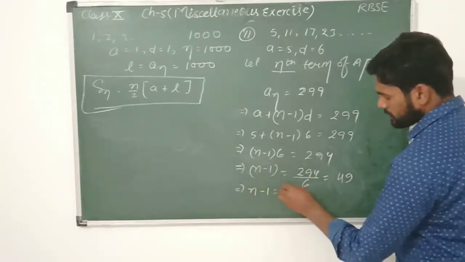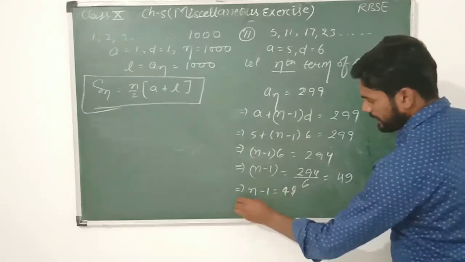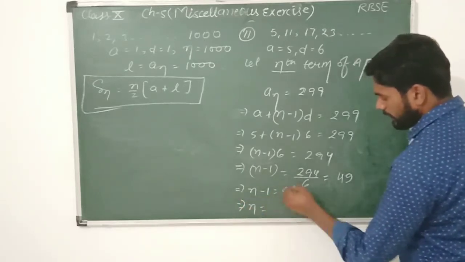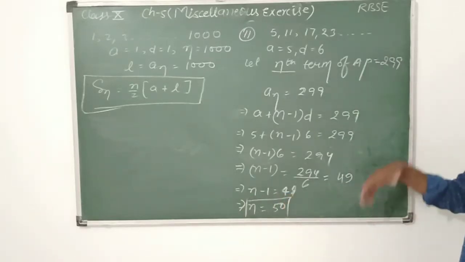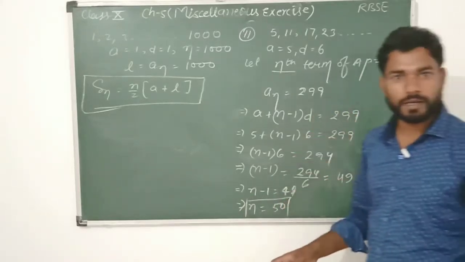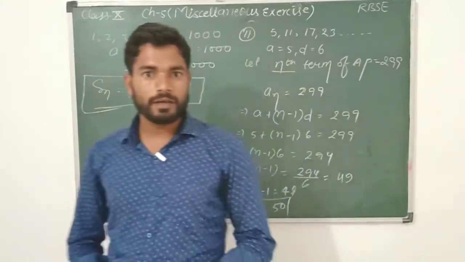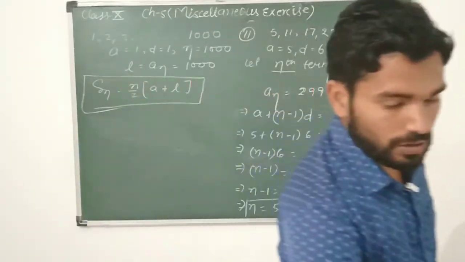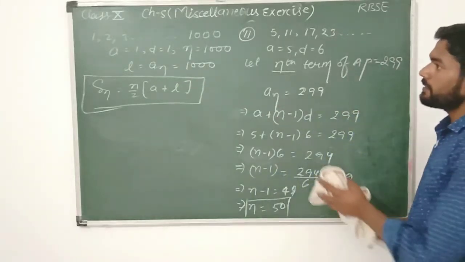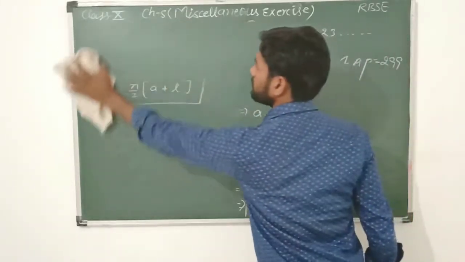So n minus 1 is equals to 49, and finally n is equals to 49 plus 1 is equals to 50. So the 50th term of the given AP will be 299. Is it clear?